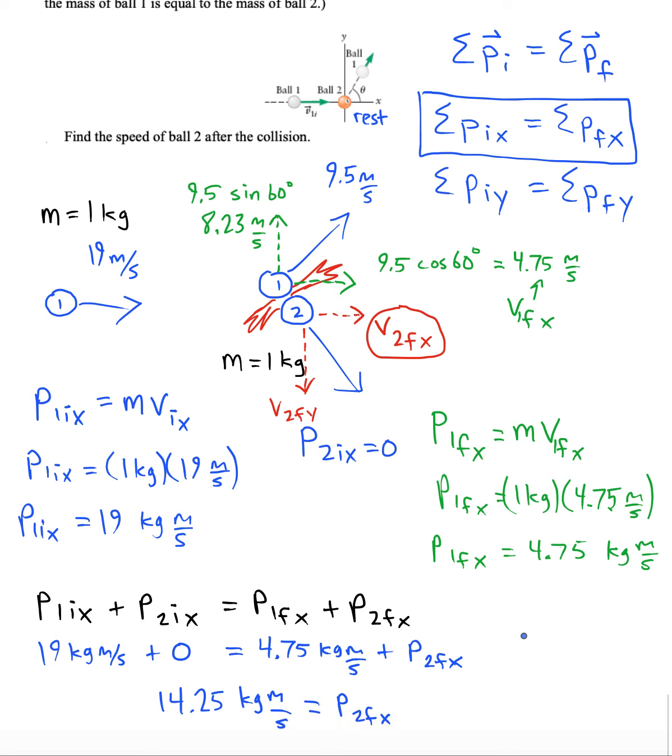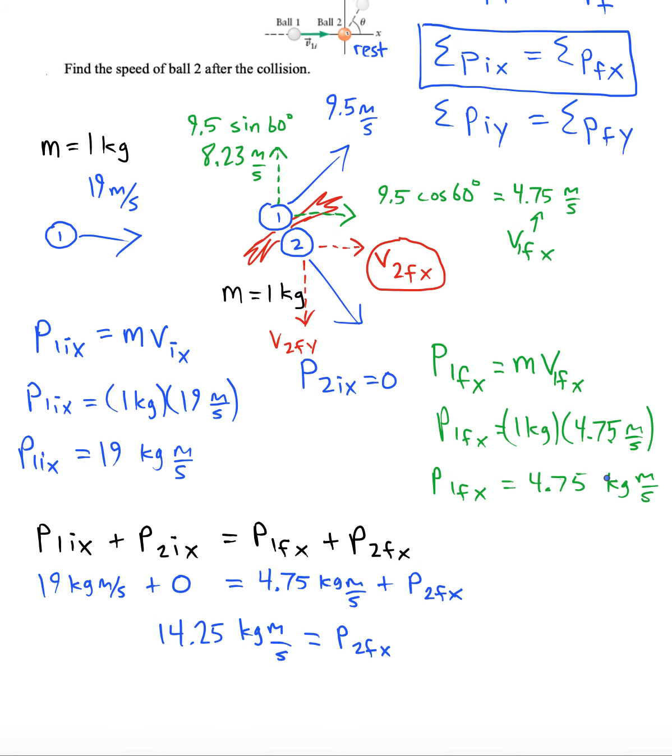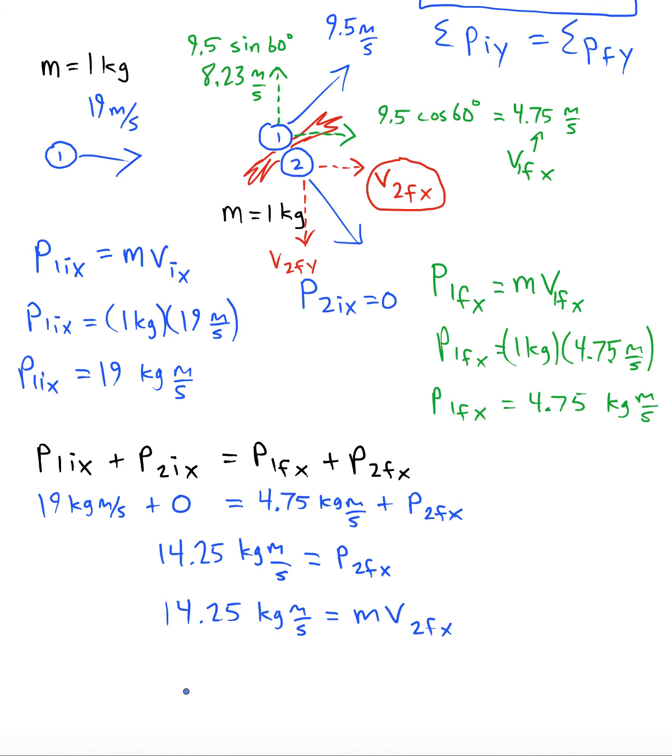That's going to be P2fx. Let's remember that this is the mass times the velocity, and since m was just 1, now we have the horizontal component of ball 2's velocity.